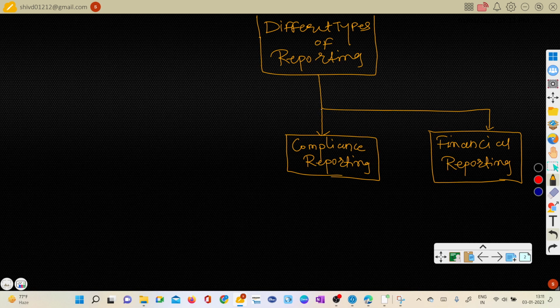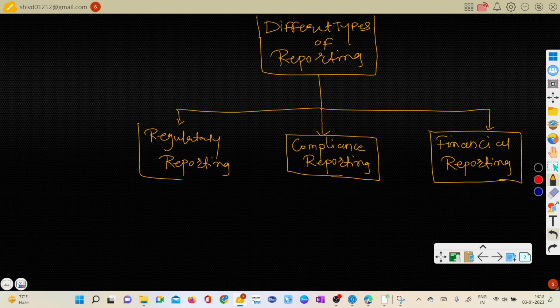Then we have regulatory reporting. So these are the three different types of reporting which we perform.